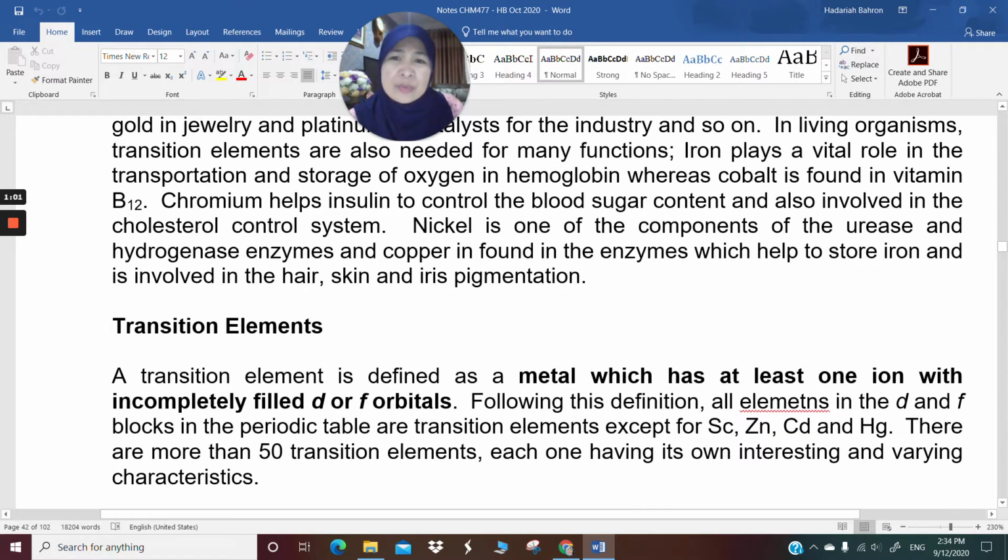We also have chromium. Chromium is very well known as a supplement for people who are diabetic, and nickel, iron, all those are very important elements in our biological system.